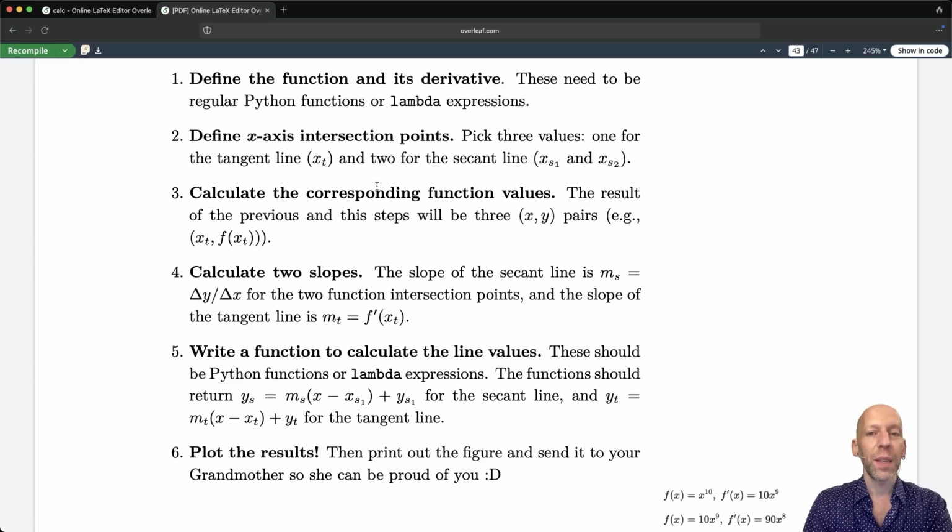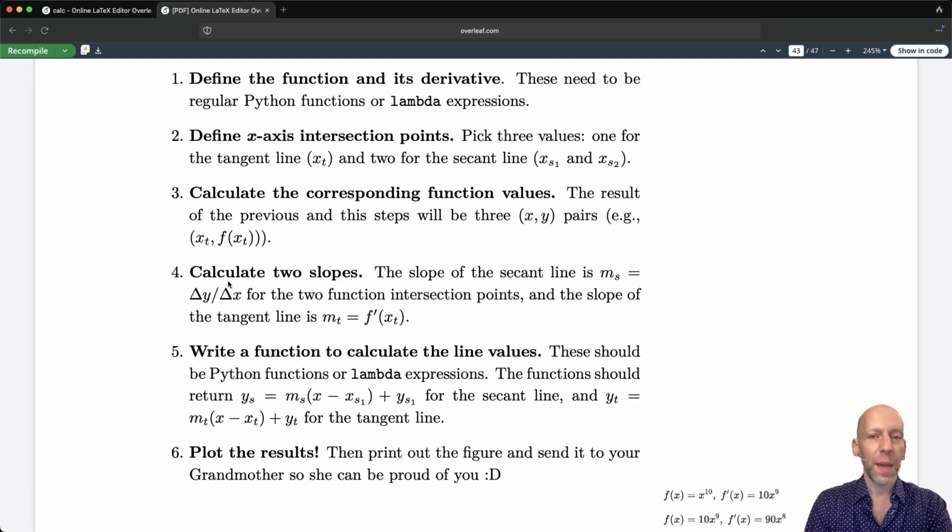Okay, and then you need to calculate the corresponding function values. So you have x sub t and f of x sub t. And same thing for x sub s1 and x sub s2. Then you need to calculate 2 slopes. So the slope for the secant line and the slope for the tangent line. The slope for the secant line is the familiar slope function, so it's delta y over delta x.